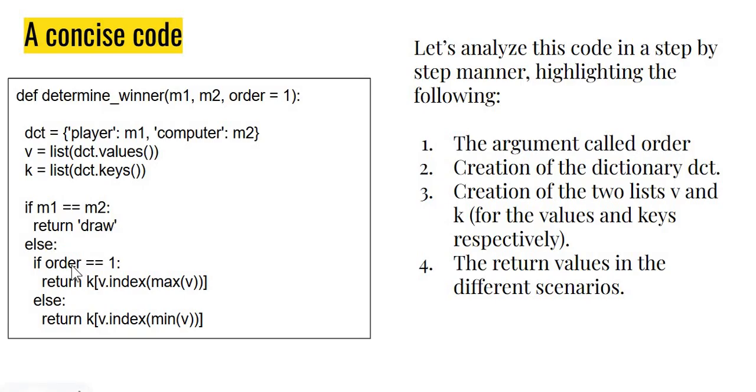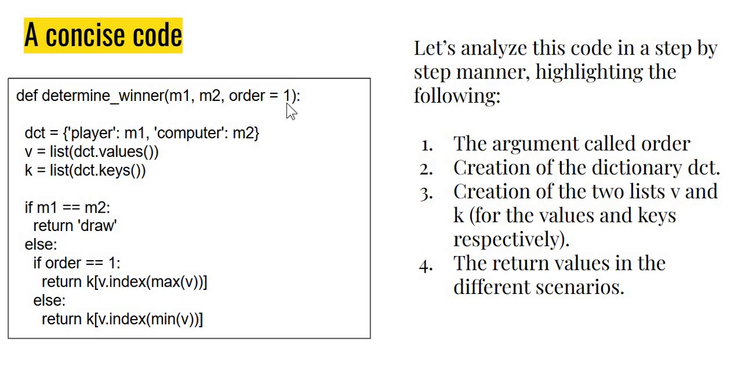On the other hand, if the order is 1, which means we are looking for the max, we will pick out the value which is the max. We'll find out where the value exists and read out the corresponding key from the other list. We'll see this working and it becomes more clear. Likewise, in the other case, we'll pick up the minimum. We'll talk about why we have put order equals to 1 in just a moment.